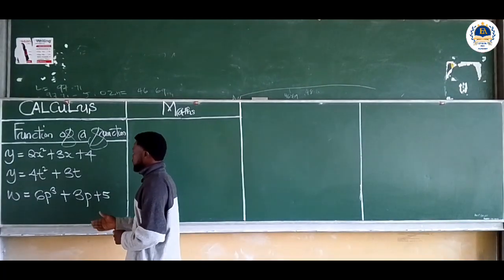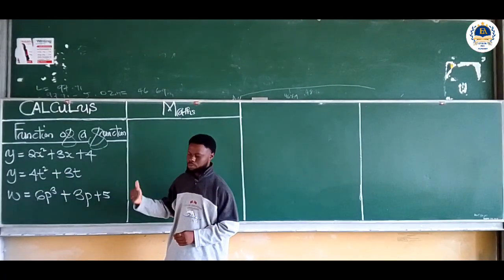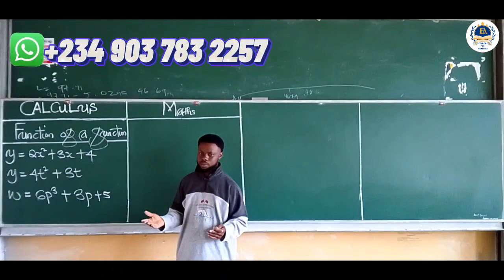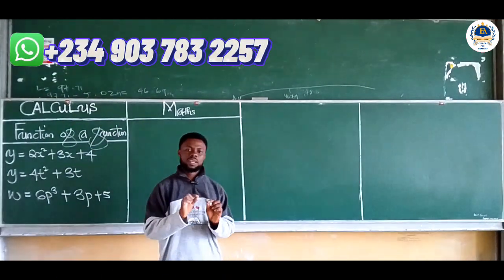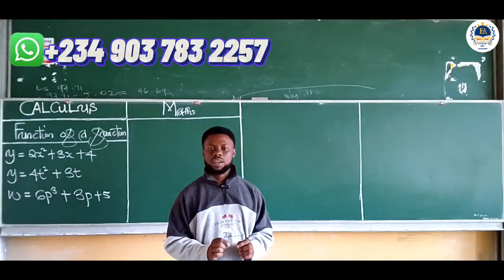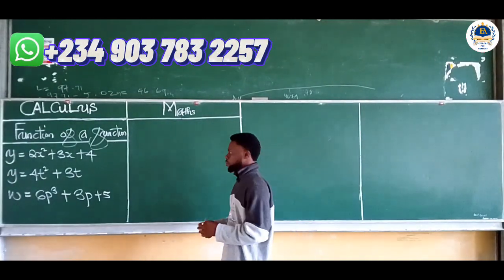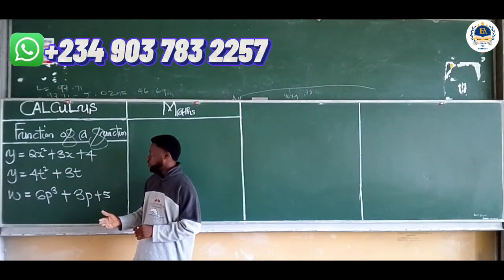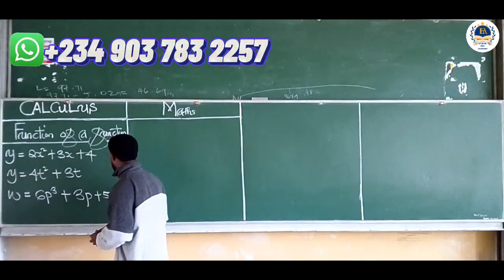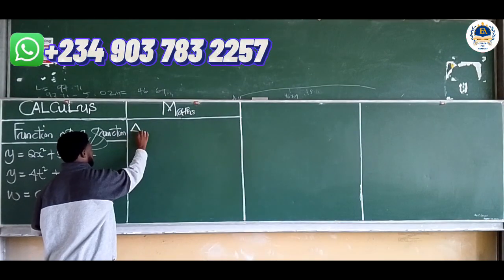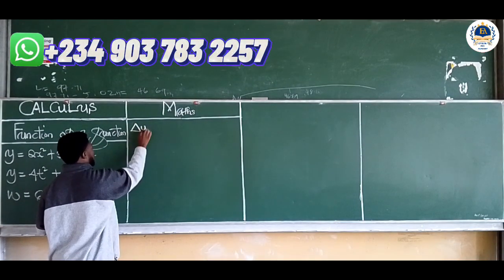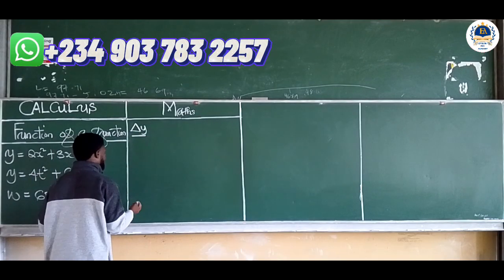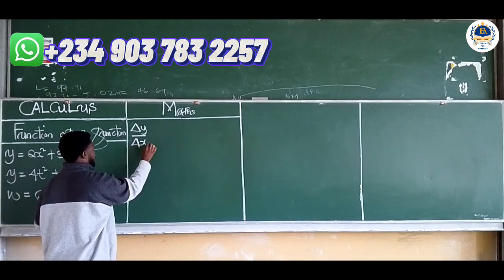Example, if you are considering the first equation on the board, where the y variable is equivalent to the x variable, and we are required to determine the derivation of this, because we said derivation is the rate of change of the dependent quantity y with respect to the independent quantity x. Then it will become the rate of change of the dependent quantity, change in y, with respect to the rate of change of the independent quantity, change in x.